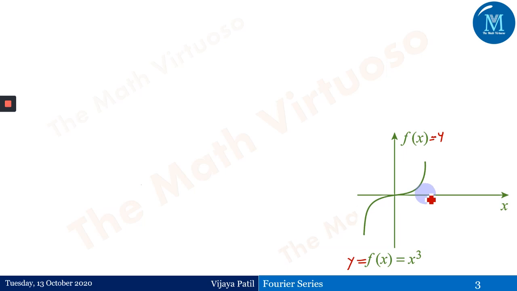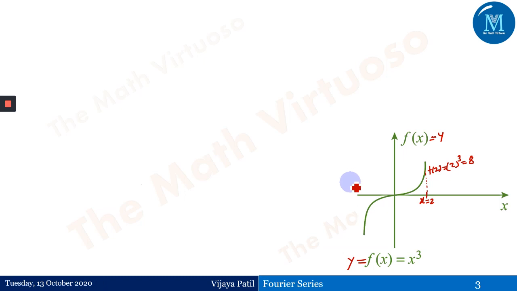So if I'm considering the value of x as equal to, say, 2, and if I'm putting a perpendicular on the curve, I'm going to get y, so f of 2 is equal to 2 cube, which is equal to 8, right? So I'm going to get the value of the function as 8.